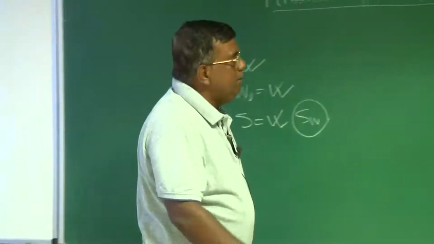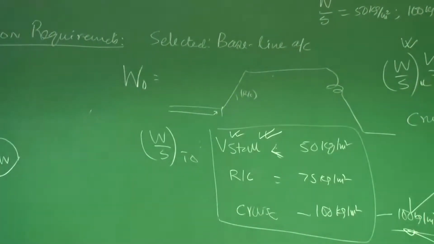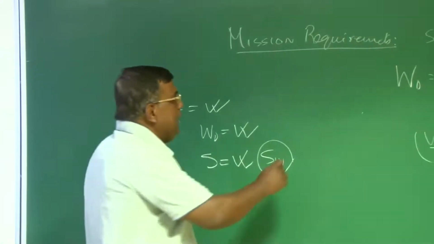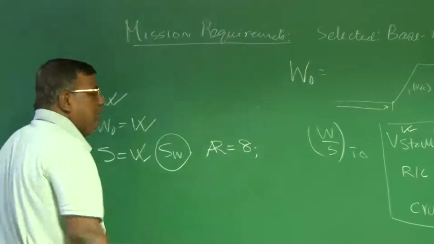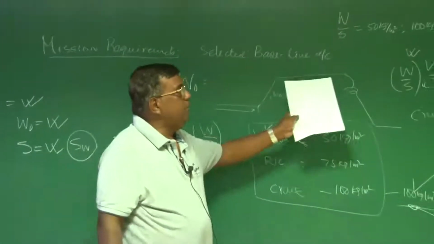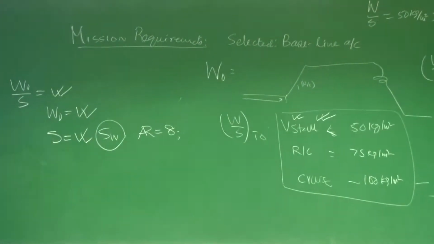And remember, when we were calculating W naught, we also assumed some aspect ratio of the wing, right? And let's say that aspect ratio I have taken around 8, just giving a number, which you have already used while calculating the fuel consumption during loiter or during range estimation.